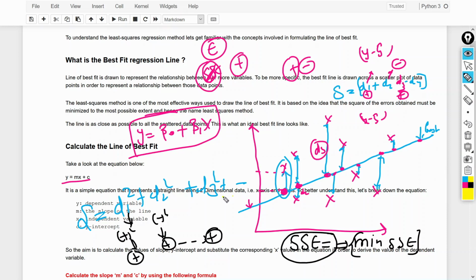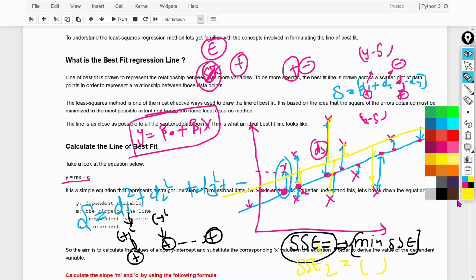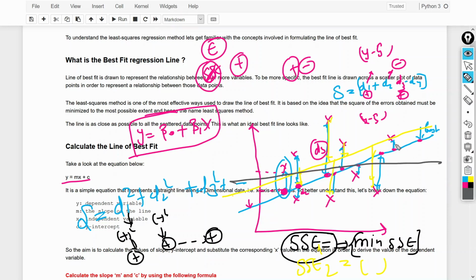Which line will provide me the minimum value? I draw this particular line, then again I calculate the distances, and then I calculate SSE 2. This is your 1, this is your 2. Then again I draw some random line here, calculate the distance from each data point, and then calculate the sum of squared error, let's say 3.